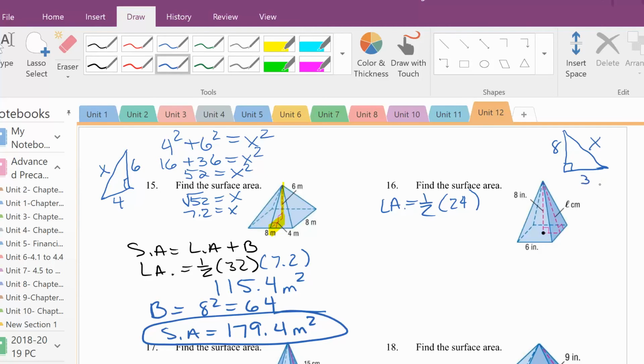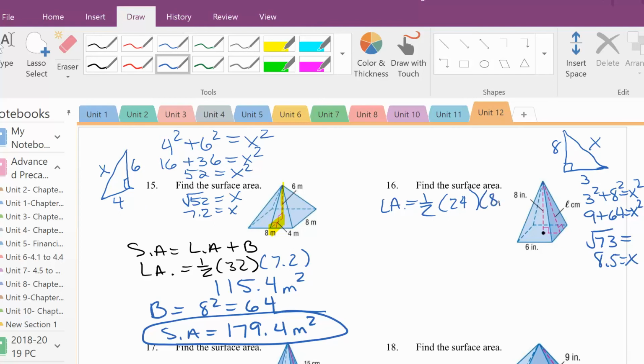So you need to find the slant height by going 3 squared plus 8 squared equals x squared. So 9 plus 64 equals x squared. So the square root of 73, which is approximately 8.5.